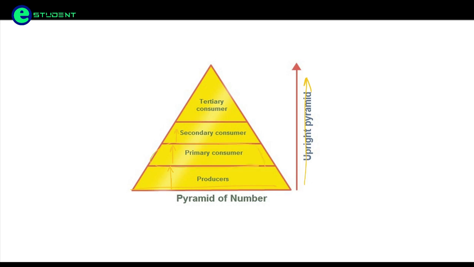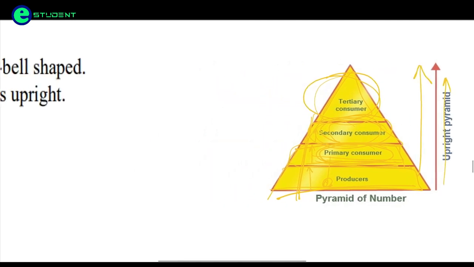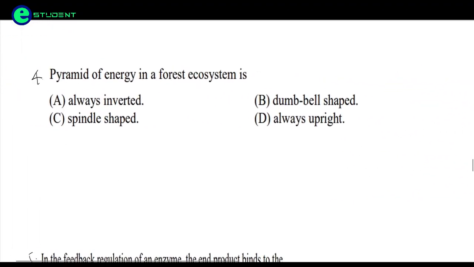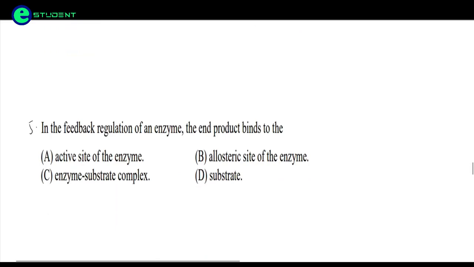You see the sizes are always decreasing. The producer is having the highest energy, and the primary consumer is having less energy when compared to it, and the secondary consumer is getting less energy when compared to the primary consumer, and the tertiary consumer will get the lowest energy of all of these. So the pyramid of energy is always upright. This is a question from 11th and 12th class, a very easy question. We always know the pyramid of energy is always upright. Okay, coming to the next question.